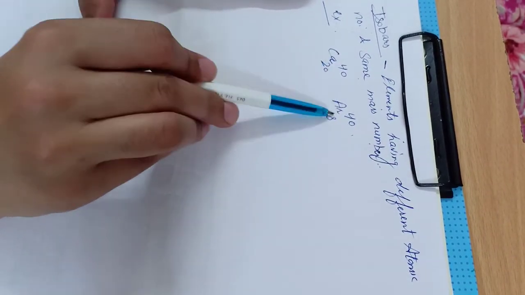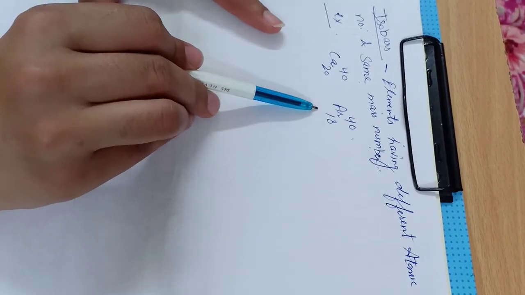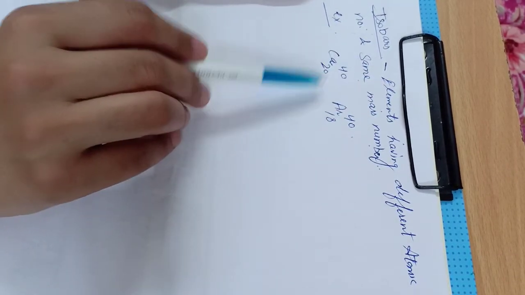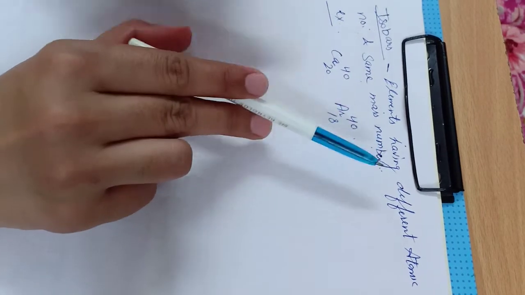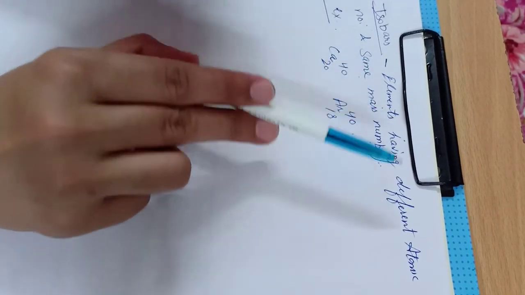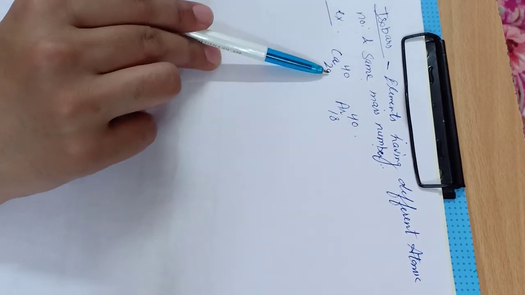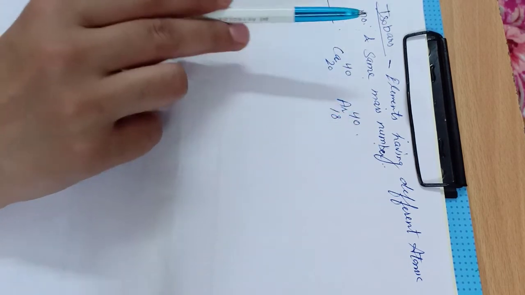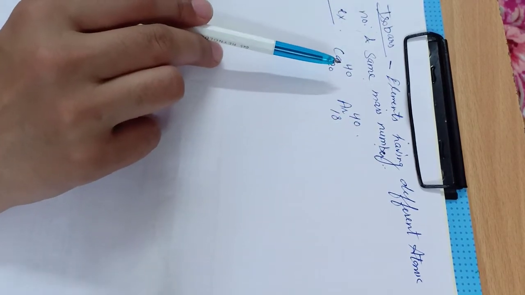These two are different elements having different atomic numbers, but they have the same mass number. So this is an example of isobars. In isotopes, atomic number is the same and mass number is different. In isobars, atomic numbers are different and mass numbers are the same. So always remember, isotopes are of the same element and isobars are of different elements.